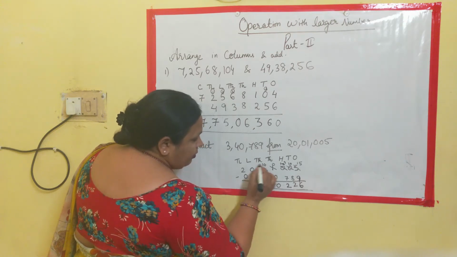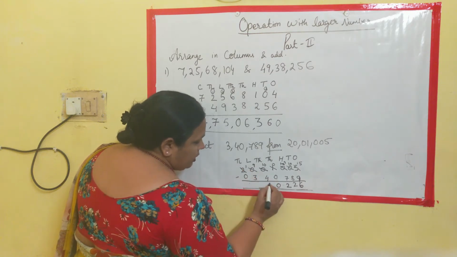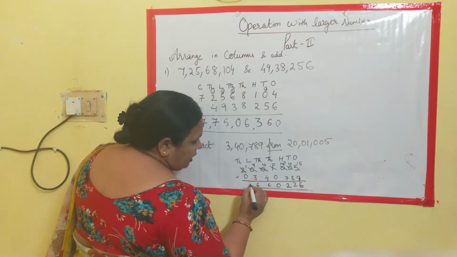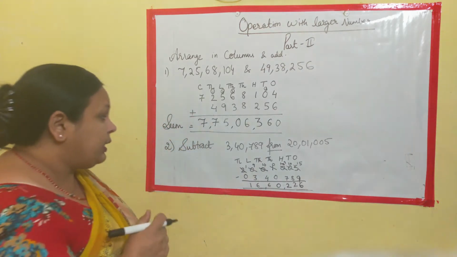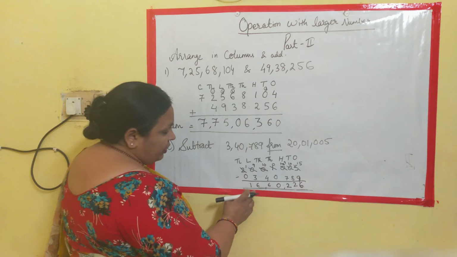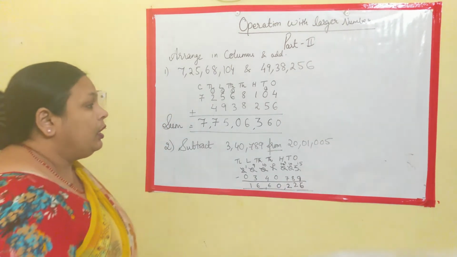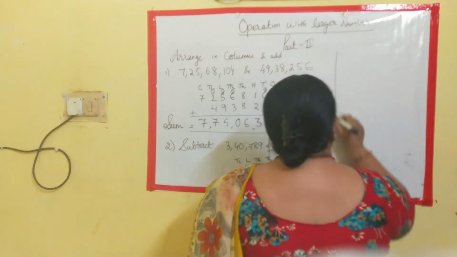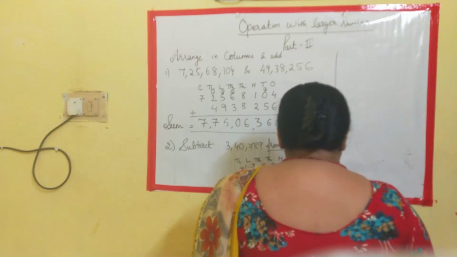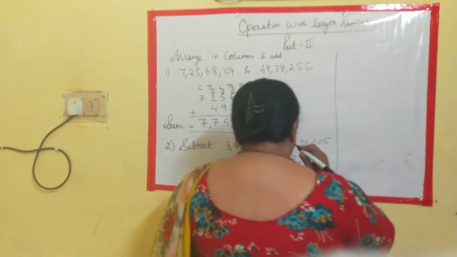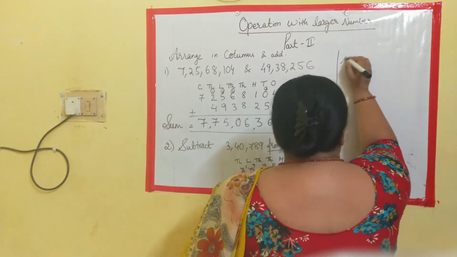Again borrow comes here, 10, 9 and 1. So here it is 6, here it is 6 and this is 1. So the answer is 16,06,226.